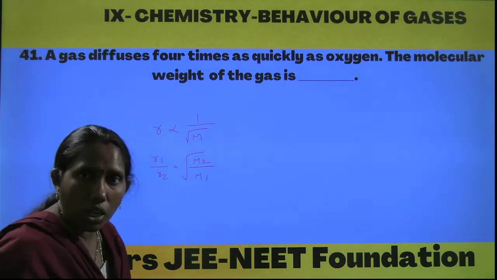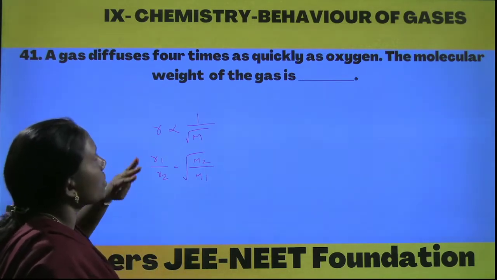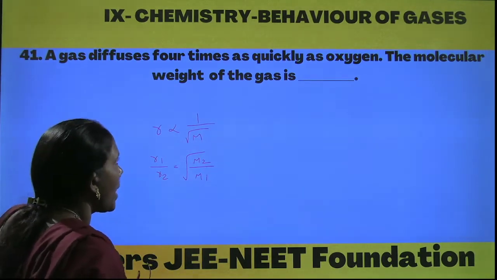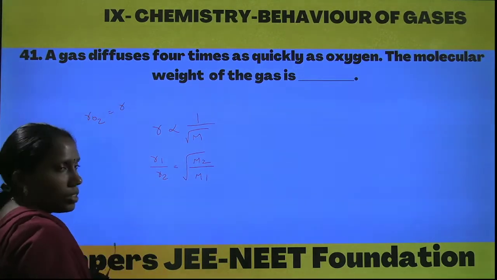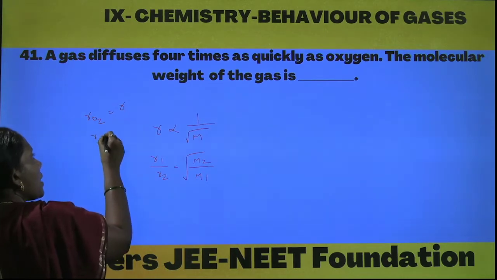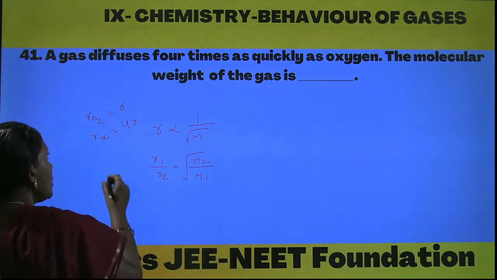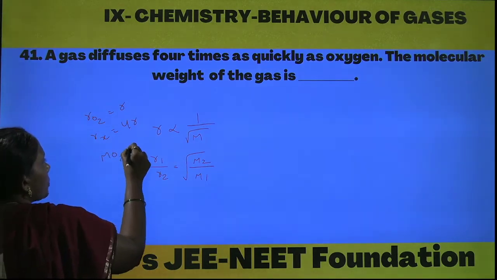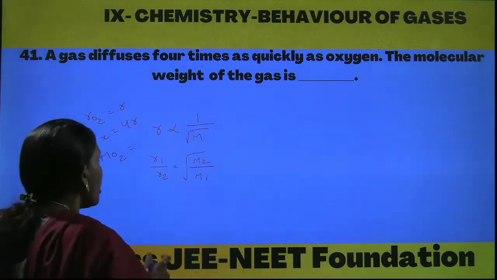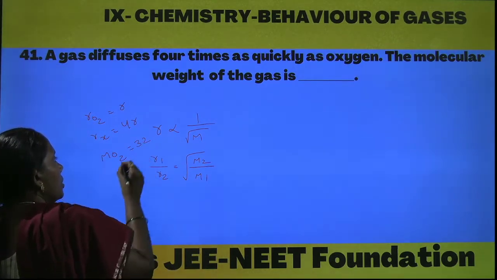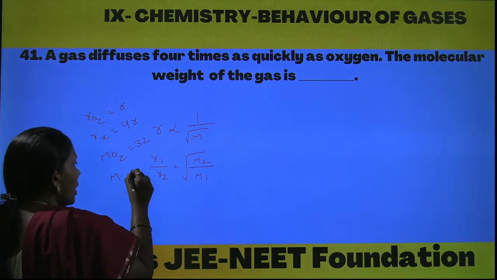I will take the first one as oxygen and the second one as X. A gas X diffuses 4 times as quickly as oxygen. If R of O2 is R, then R of X will be 4R. Oxygen's molecular weight is, for 1 oxygen it is 16, for 2 oxygens it is 32. Then Mx, the molecular weight of the gas, we have to find.